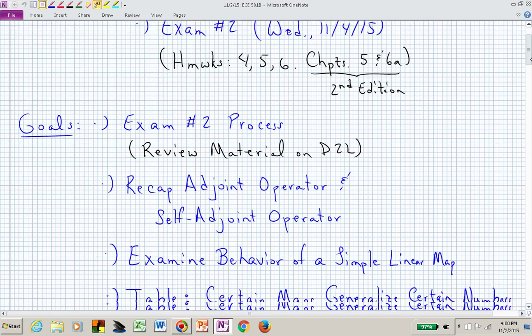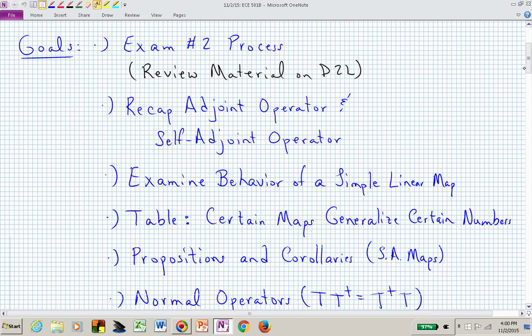Today what I want to do is move beyond exam number 2 material, and recap what we've talked about already, which is the adjoint operator and self-adjoint operators. And then we will look at a very simple linear map, and by simple I mean a matrix representation that's really simple.